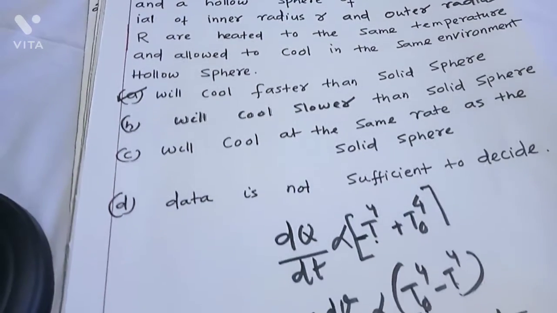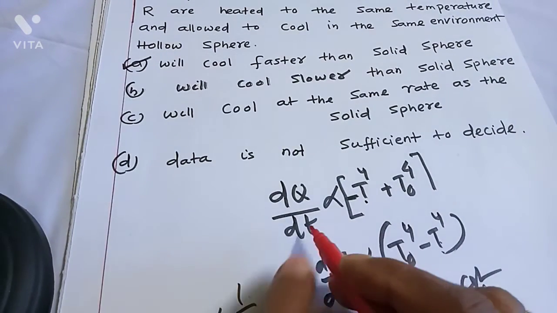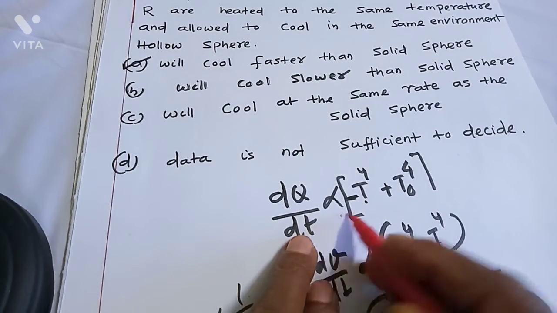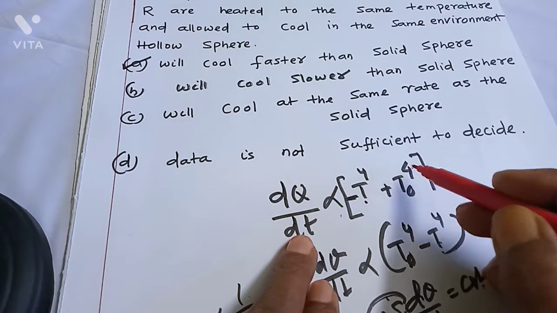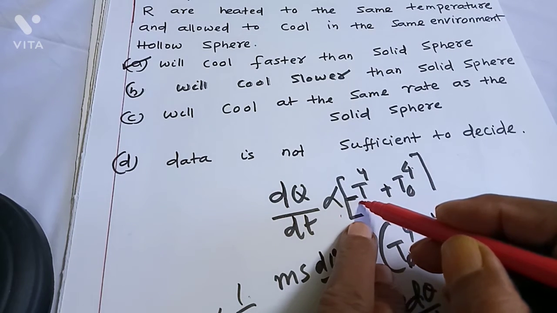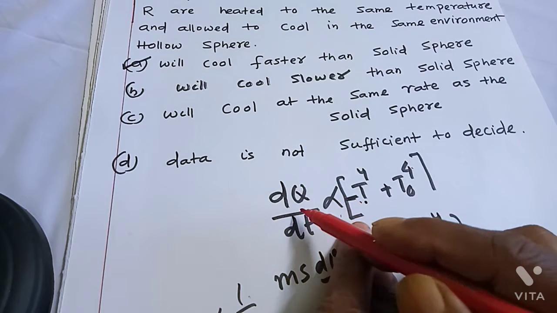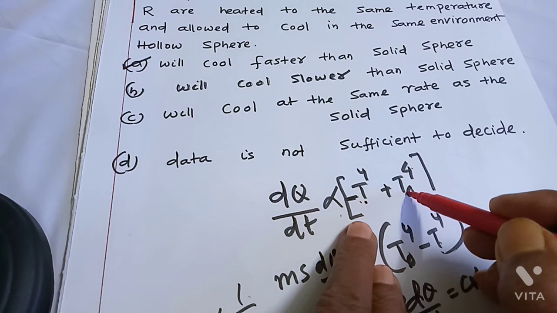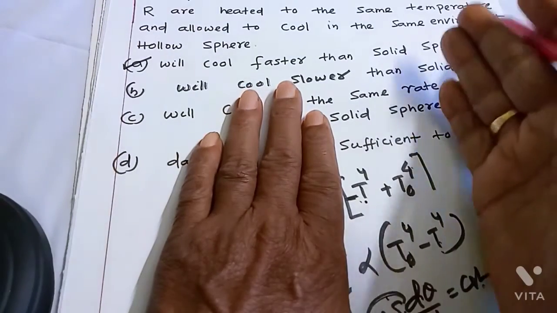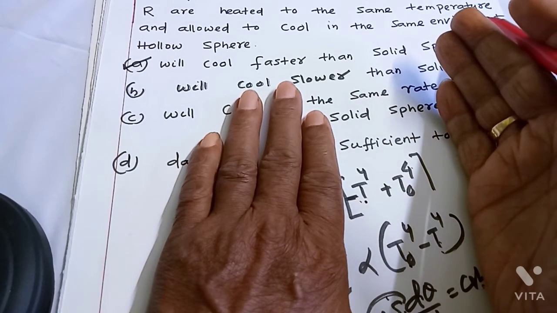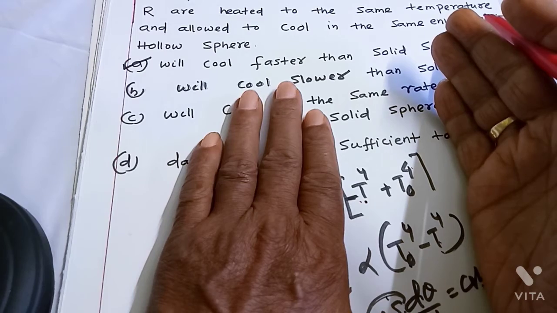Now we know the rate of loss of heat is proportional to T0 to the power 4 minus T to the power 4. That means T is the temperature of the body and T0 is the temperature of the surroundings in which the body is placed. And this term is negative because the heat is lost to the surroundings by the body.